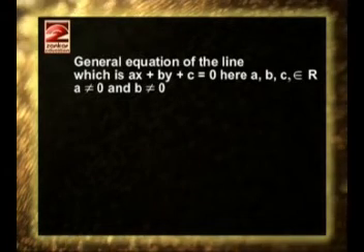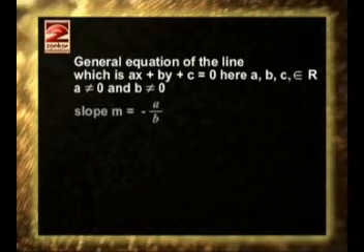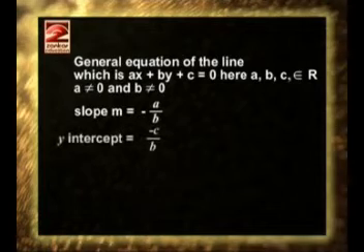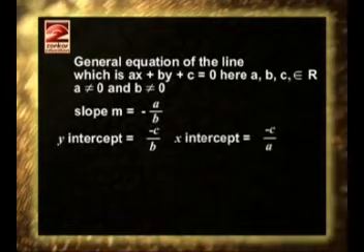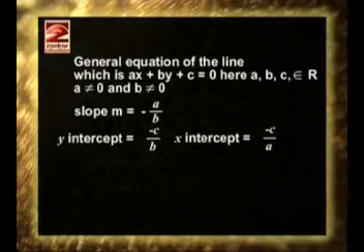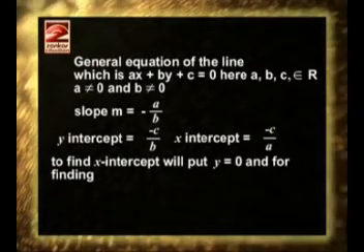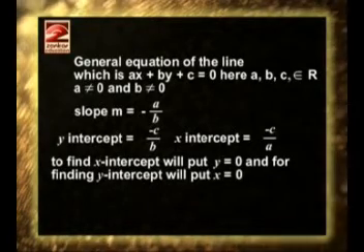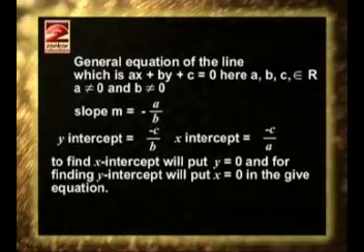If you want to find the slope and y-intercept of this line, then slope m is equal to minus a upon b, y-intercept is equal to minus c upon b, x-intercept is equal to minus c upon a. So, to find x-intercept, we'll put y is equal to 0, and for finding y-intercept, we'll put x is equal to 0 in the given equation.